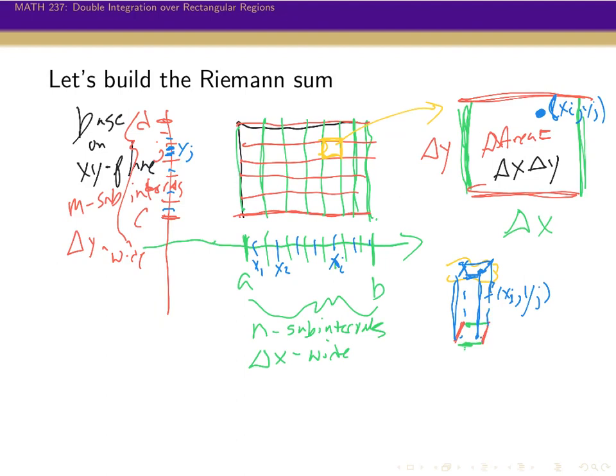Where the area of the base is delta x, delta y. The height is f of xi yj, so f evaluated at xi yj.